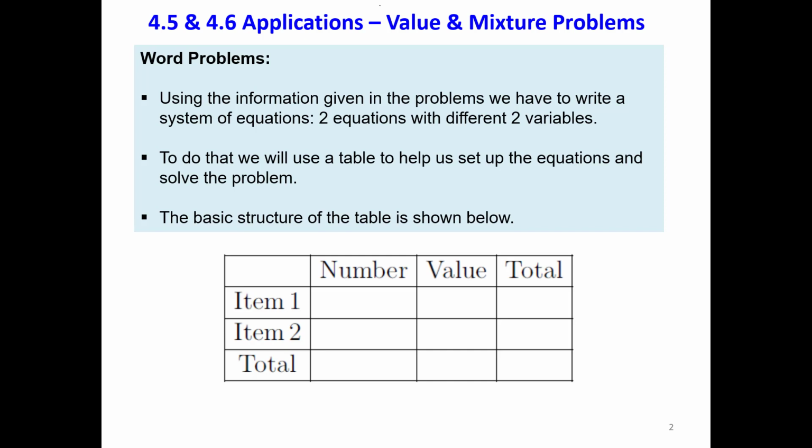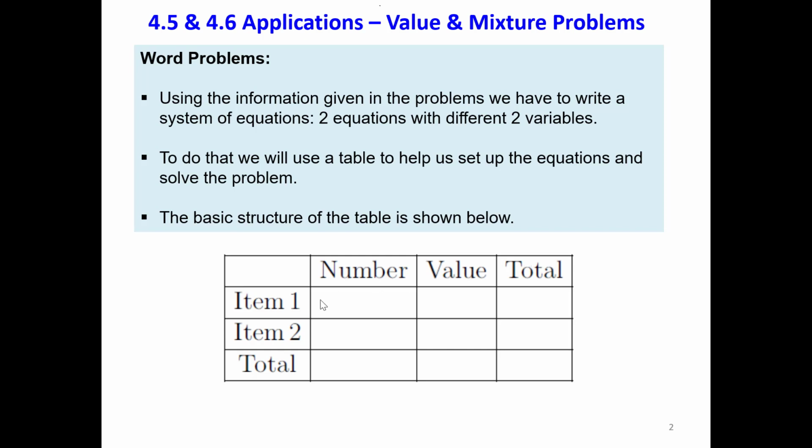The idea is to use that information to write the equations. In order to write the equations, we will use this table to organize all the information we have in the problem. Once we write all the information, we should be able to write the equation.